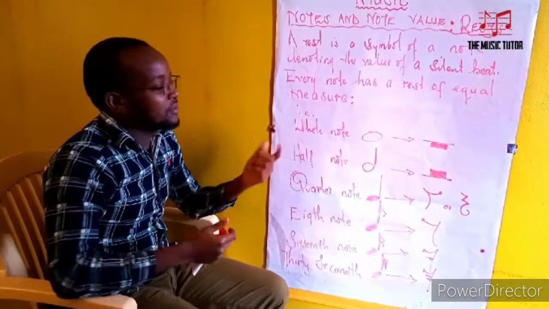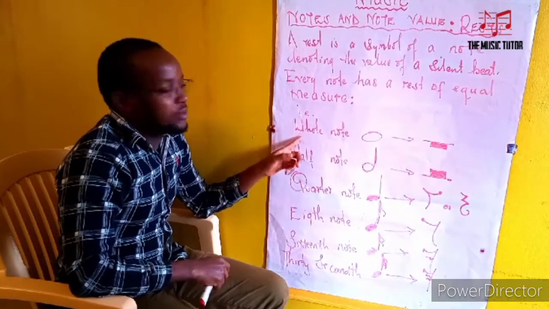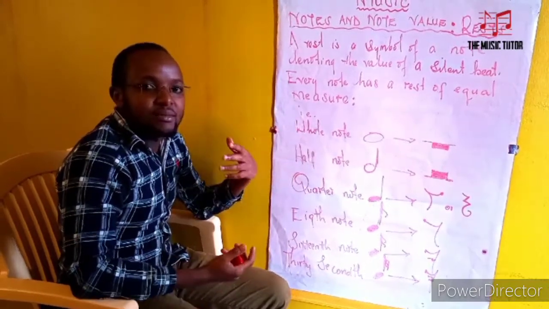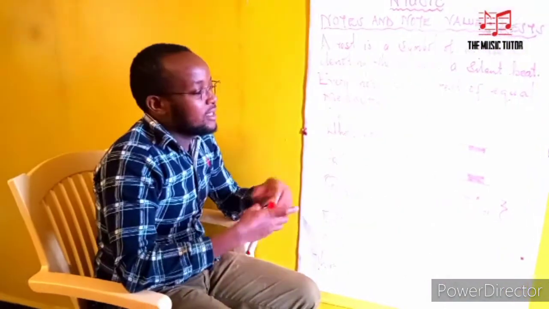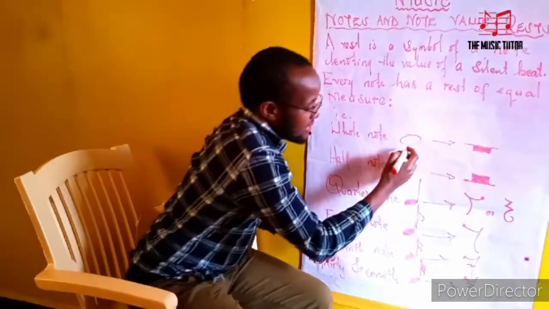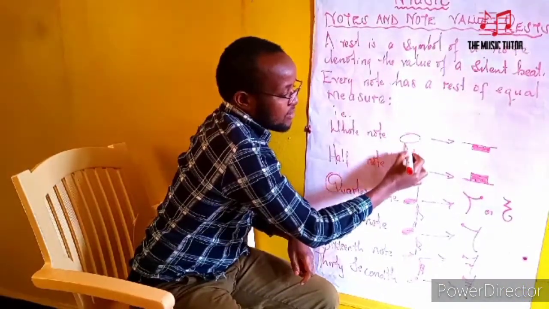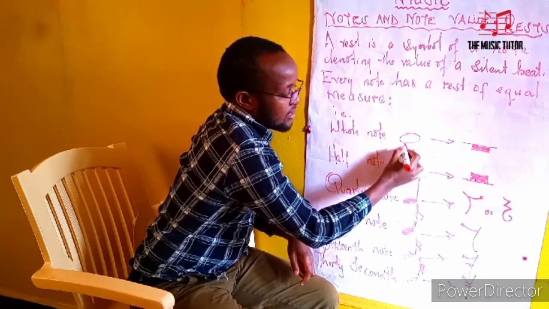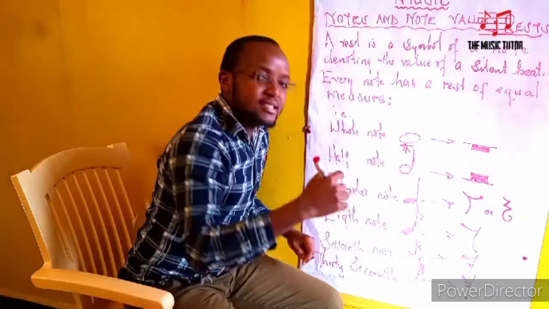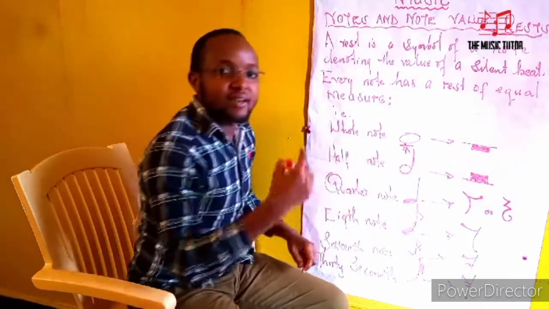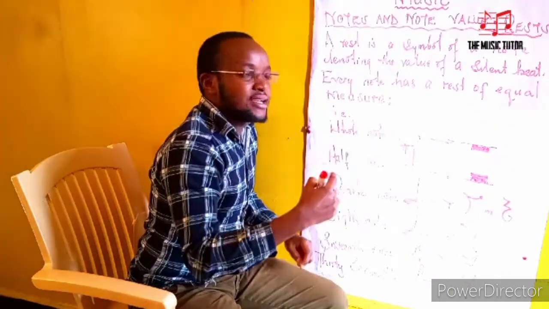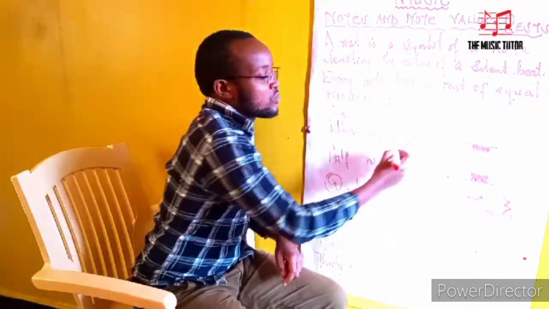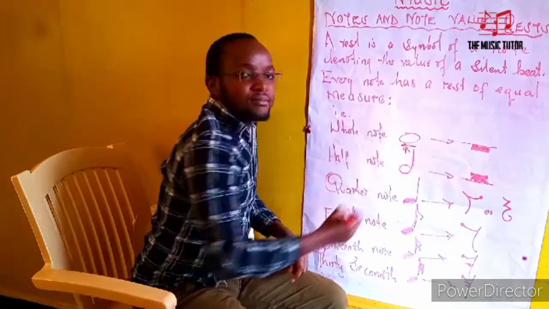For example, a whole note that we called a semi-breve, it has a rest. So if the beat plays a semi-breve, it has an equally corresponding rest, meaning silence equivalent to a semi-breve.